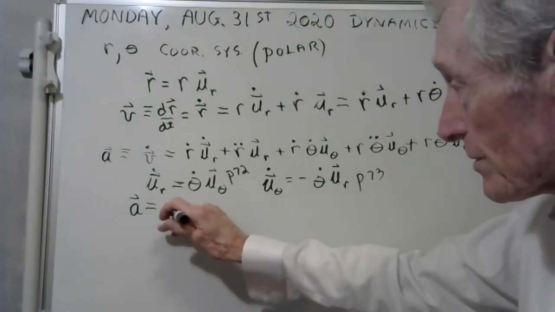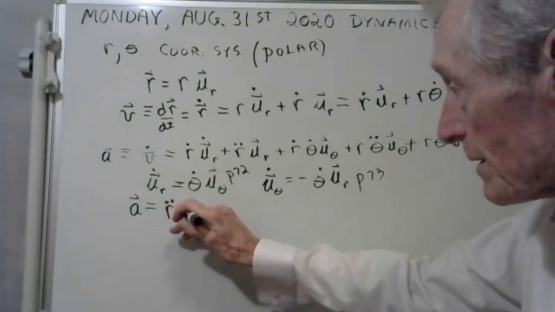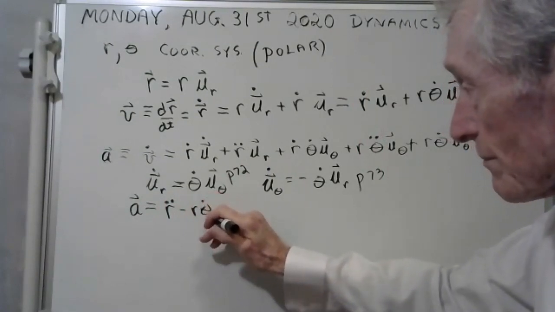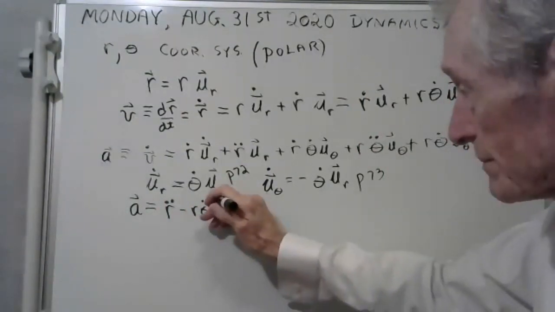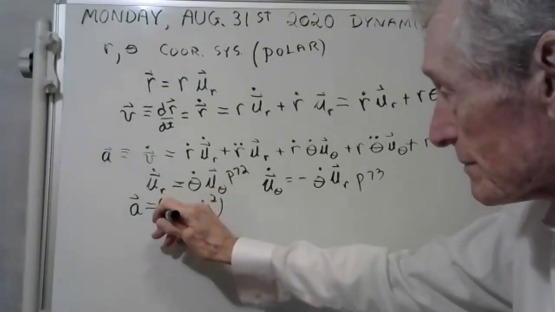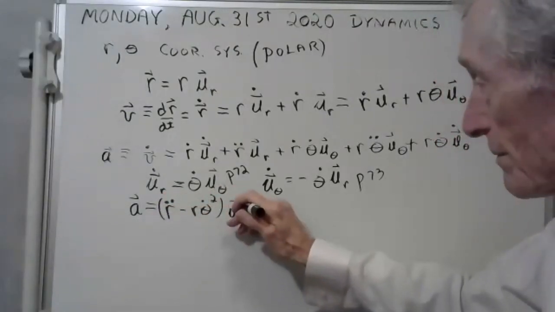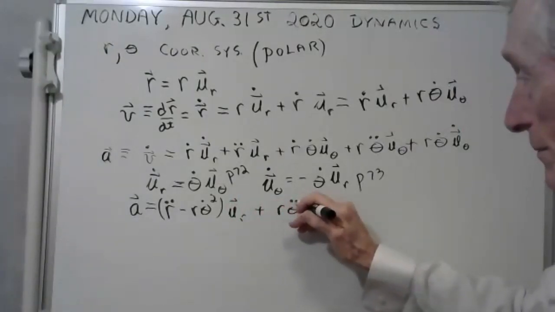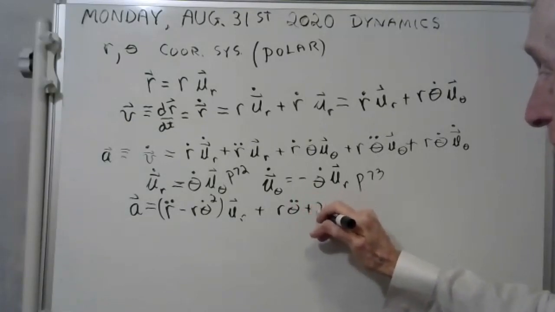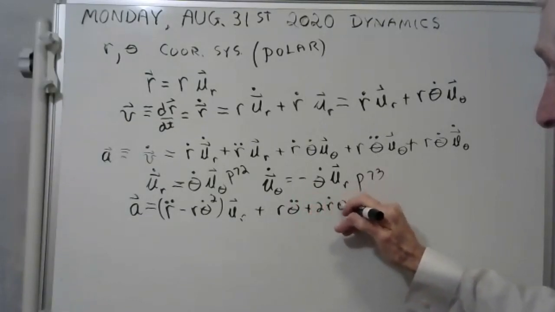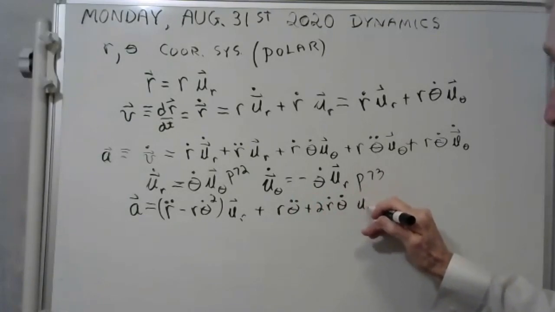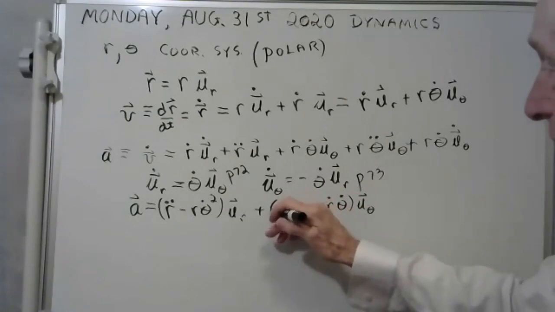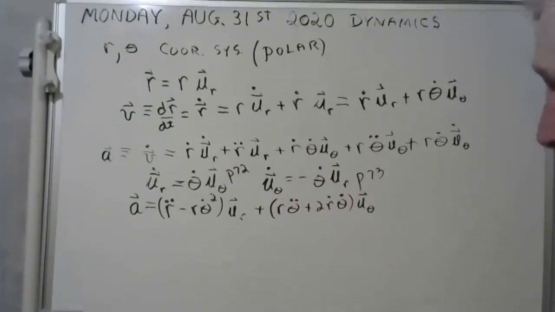You're going to get an r double dot minus an r theta dot squared times the unit vector in the radial direction, plus an r theta double dot plus 2 r dot theta dot times the unit vector in the transverse direction.